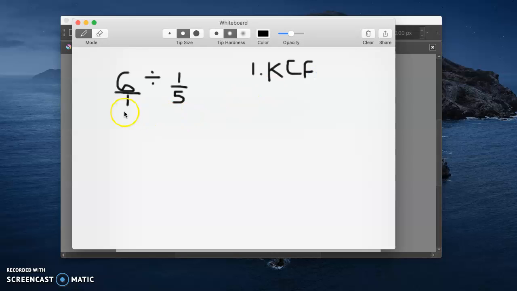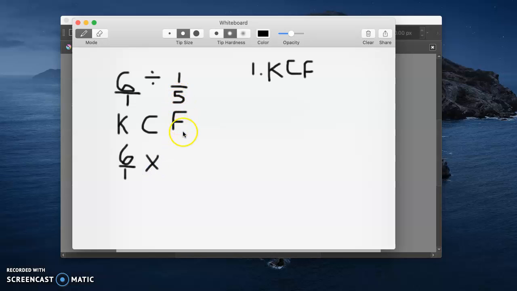flip. So I'm going to write the K under the 6/1, the C under the division, and the F under 1/5. So now 6/1 is above K, so that means I'm going to keep it. So just write 6/1. The division sign is above the C, so that means you change it to multiplication.